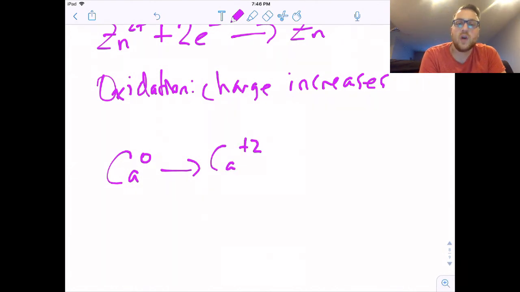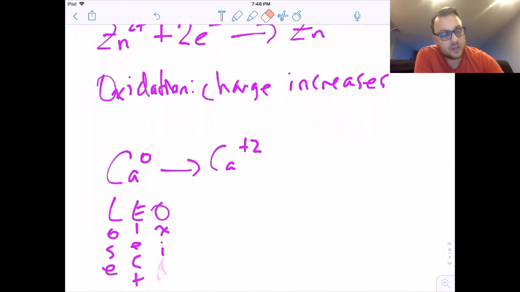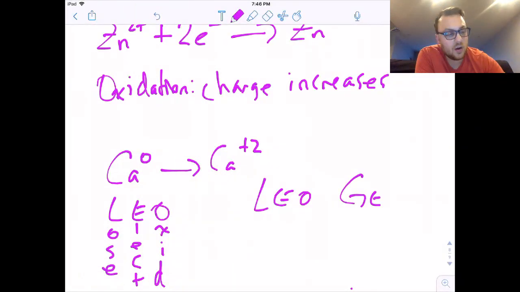Lose electrons oxidation. Lose electrons oxidation, gain electrons reduction. Leo says grr. Lose electrons oxidation, gain electrons reduction.